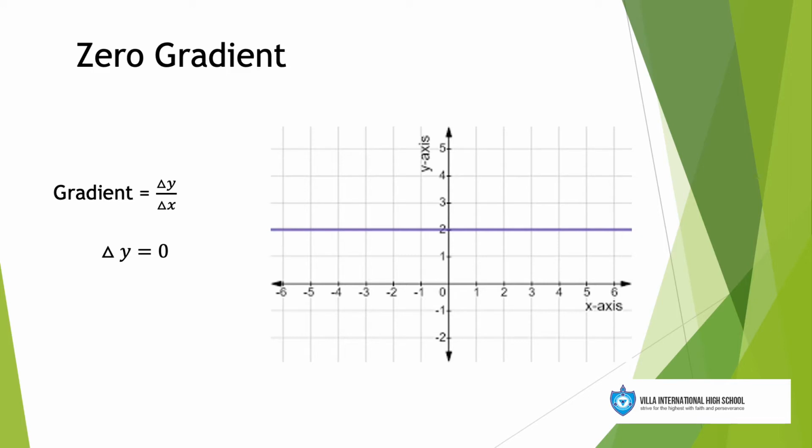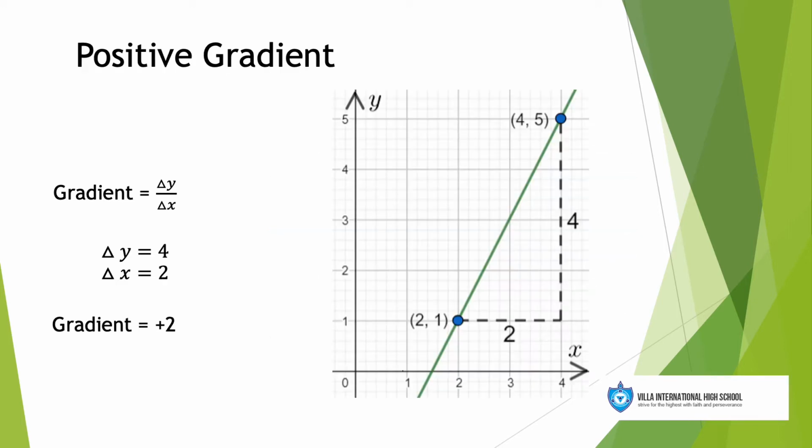Then the second type of graph is positive gradient. You can see the green line, that is the graph, and we can find its gradient. The gradient equation is delta y over delta x, or y2 minus y1 divided by x2 minus x1. Here, two coordinates are plotted.